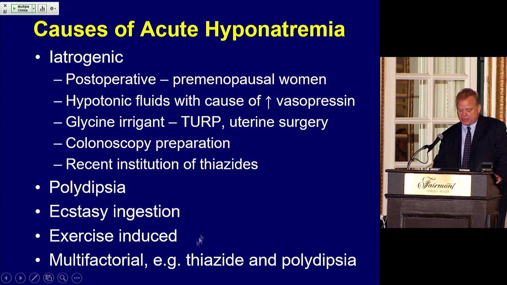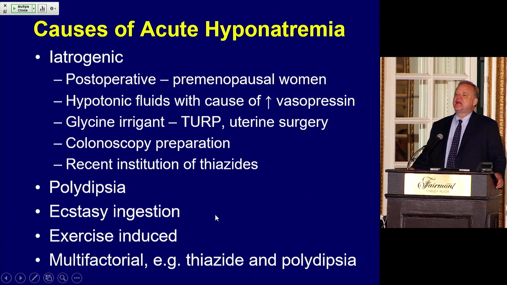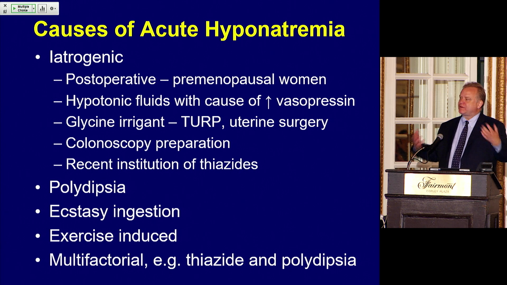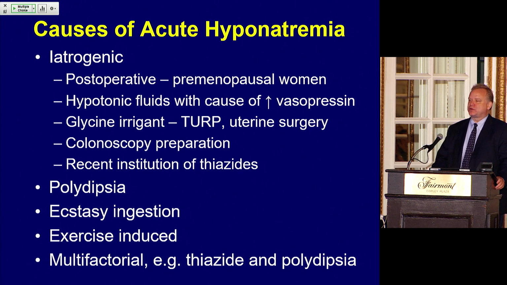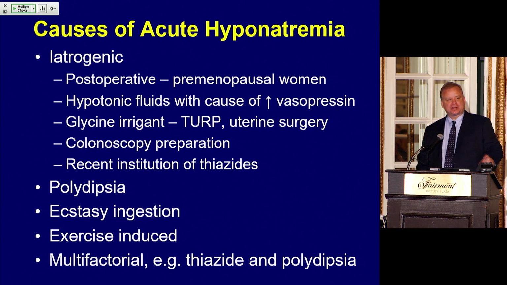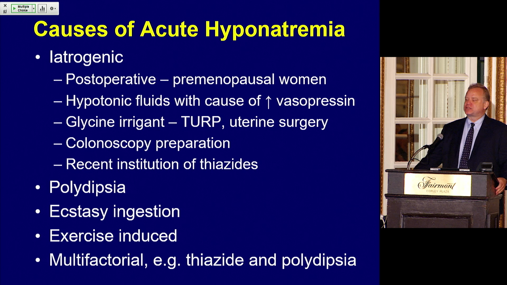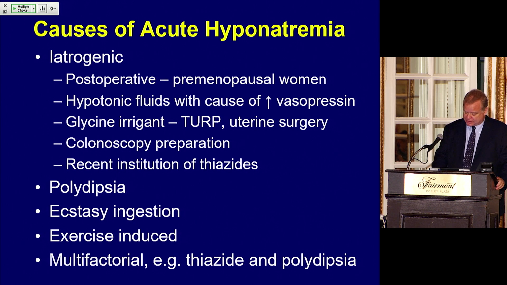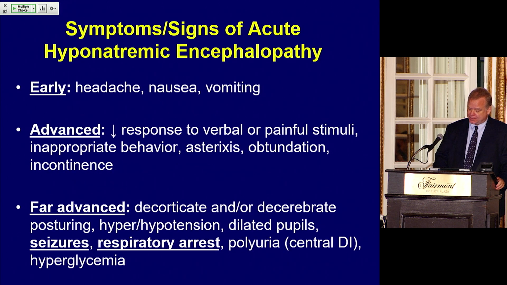Ecstasy we talked about. Exercise-induced hyponatremia causes non-osmotic release of vasopressin, probably through some of the inflammatory mediators that get turned on when you're exercising. It's not the people that show up at the finish line at 2 hours and 10 minutes. It's the ones that straggle in at 4 hours who have been drinking too much fluid during the marathon that get into trouble. Or it can be multifactorial, say somebody's got polydipsia and takes a thiazide chronically.